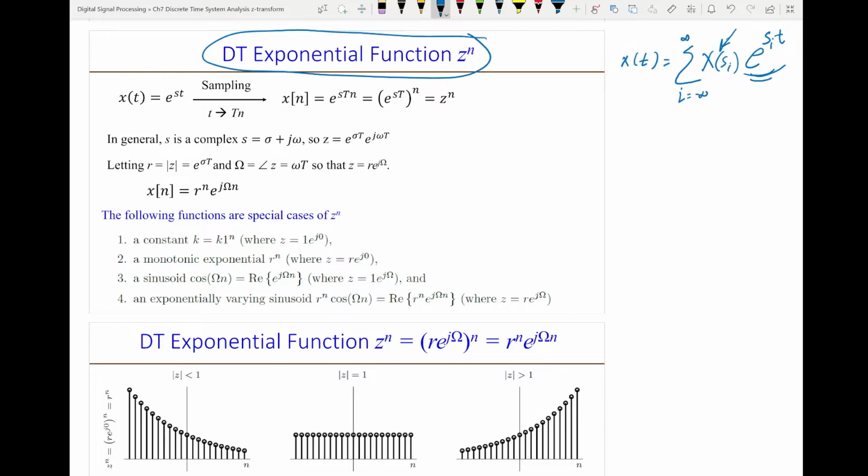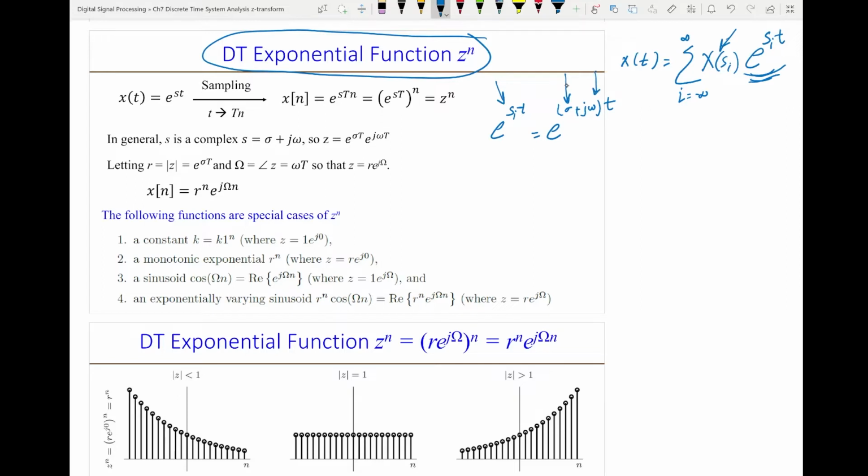And e to the st, we said, here s we call the complex frequency. It consists of two parts, decay rate and oscillation rate. So s could be sigma plus j omega, where sigma is the decay rate and omega is the oscillation rate.